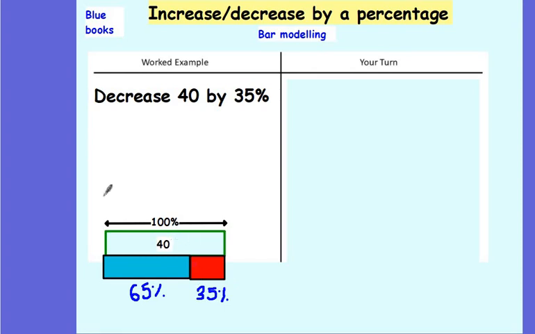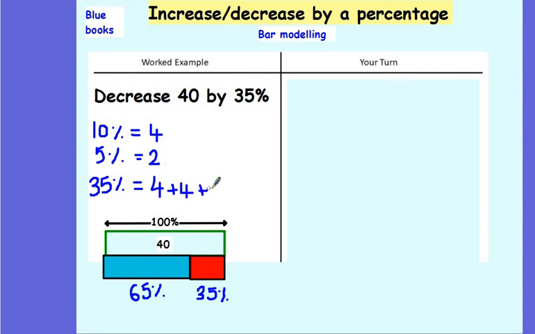How can I work out what 35% is? Well, I can work out what 10% was. That was 4. I can work out what 5% was by dividing that by 2, which gives me 2. So 35% is going to be 10% plus 10% plus 10% plus 5%, which is 14.